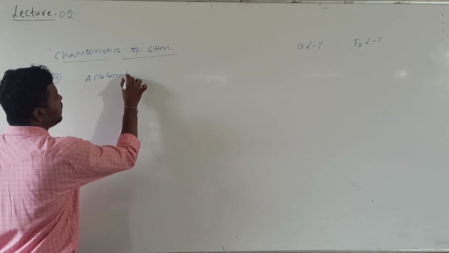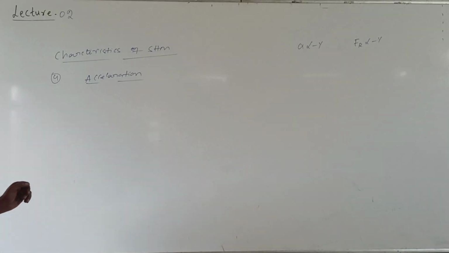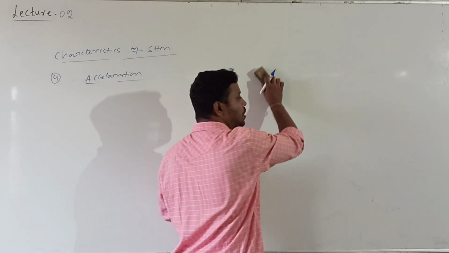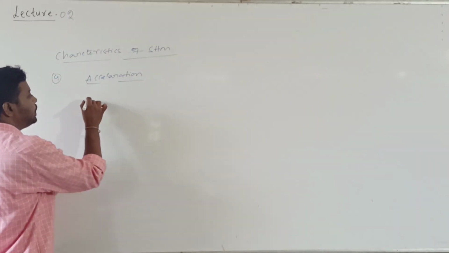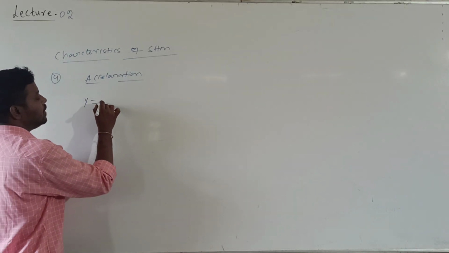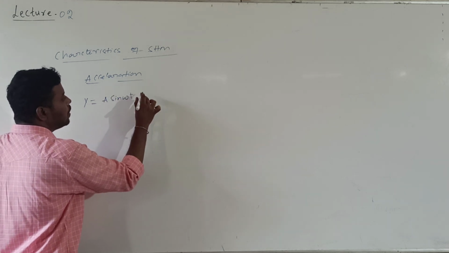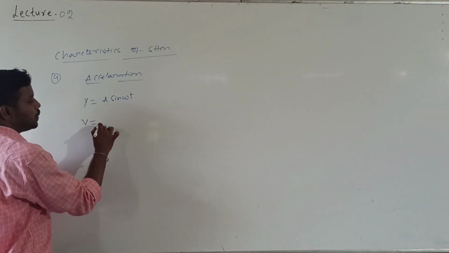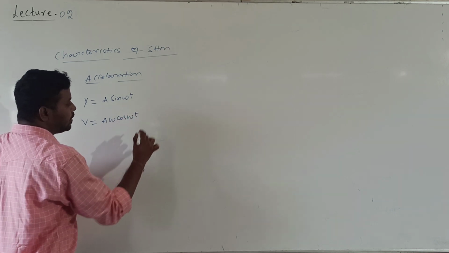Acceleration of a particle executing simple harmonic motion. In order to derive the expression for acceleration, yesterday we saw the instantaneous displacement of a particle executing SHM: y is equal to a sin omega t, if the initial phase phi naught is 0, and instantaneous velocity is a omega into cos omega t.